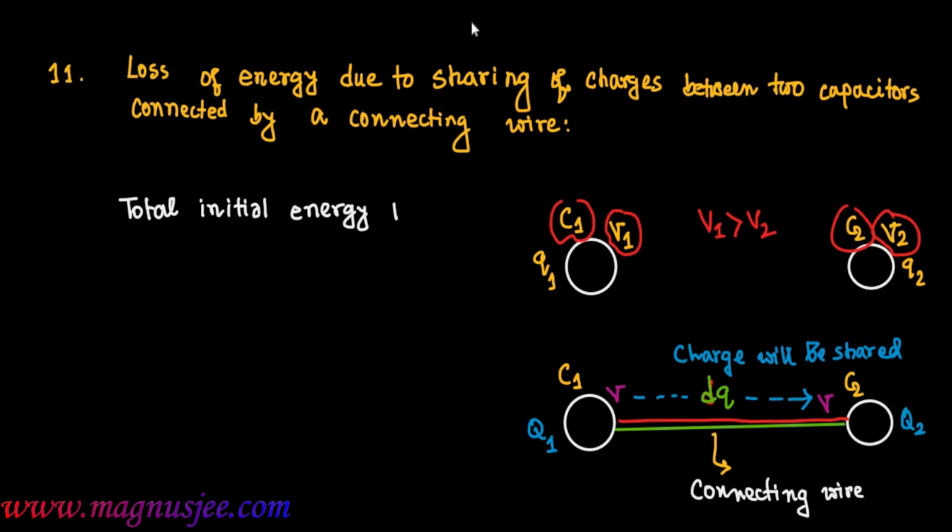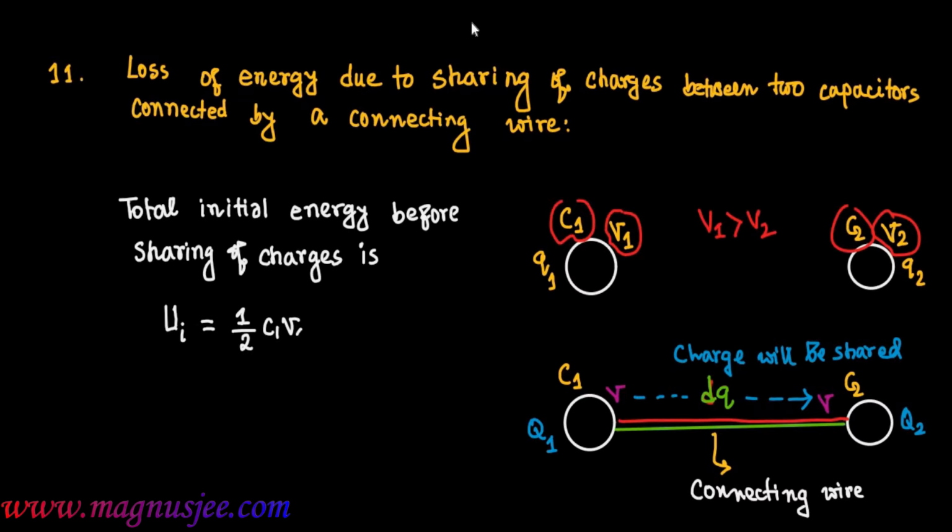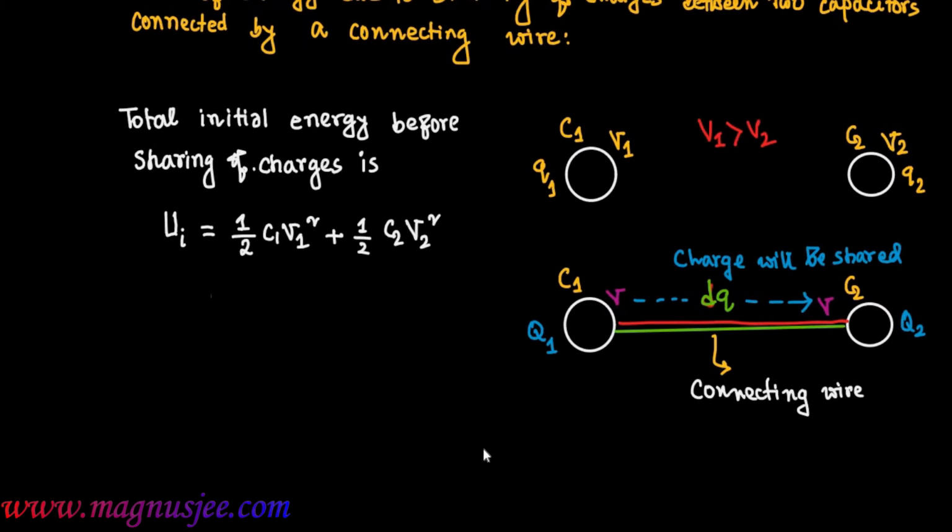Total initial energy before sharing of charges between the two capacitors is given by Ui equals half C1 V1 square plus half C2 V2 square.